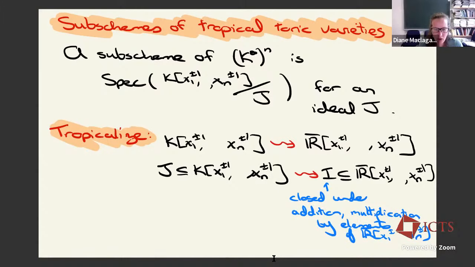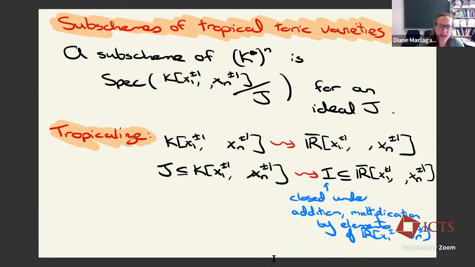I'm going to say toric varieties just so you know that it exists, and I'm happy to talk more about the details, but it turns out that all of the difficulties lie in even thinking about subschemes of the tropicalization of the torus. So I'm going to focus on that on my slides. I'll say a few words later about how this generalizes to toric varieties, and I'm happy to answer questions there.